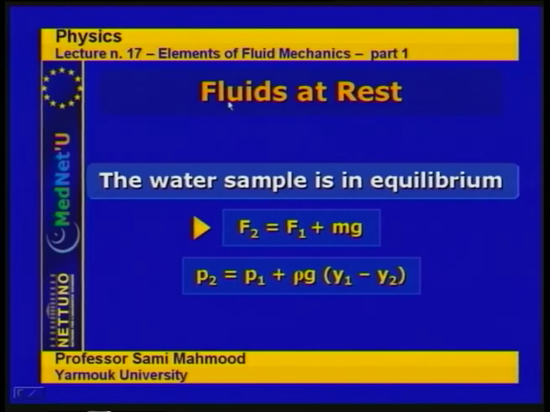So that would give us the relation between the pressure at two different levels, level y1 and level y2, inside a fluid. That is a general equation from which we can measure the fluid pressure at any point.